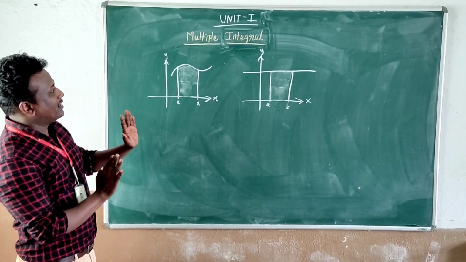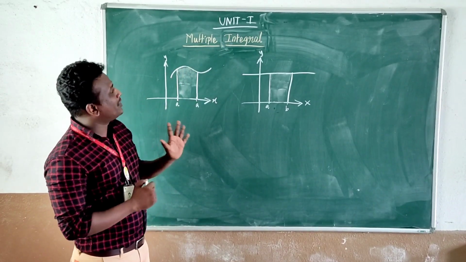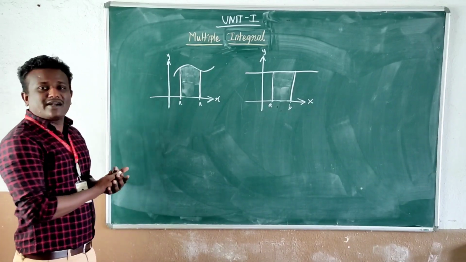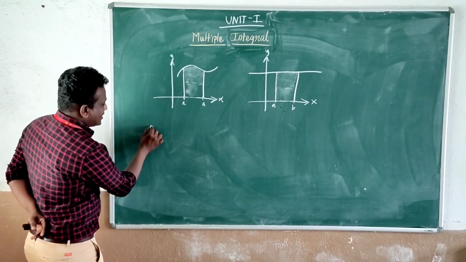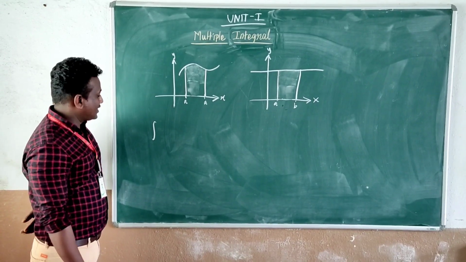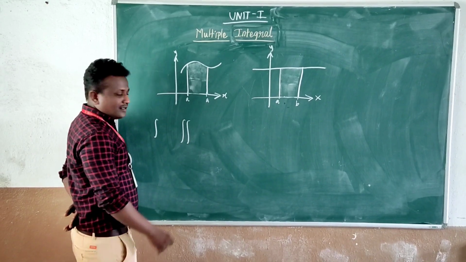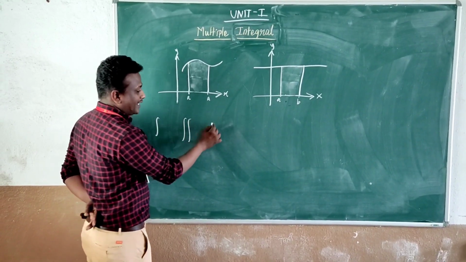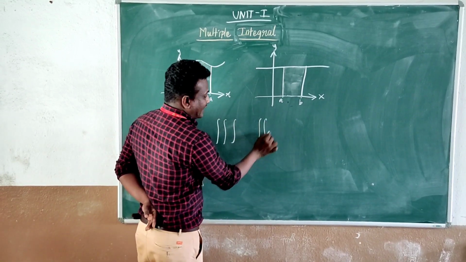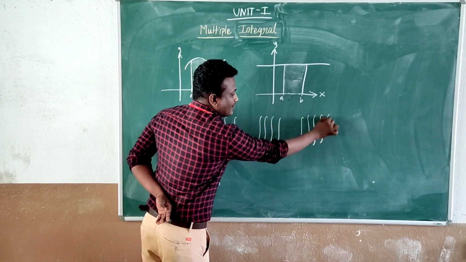Now let us come to the topic. Our topic today is multiple integral. What do we mean by multiple integral? It is nothing but this integral symbol that everybody knows clearly. This is a single integral, double integral, triple integral, then 4 integral, similarly 5 integral.